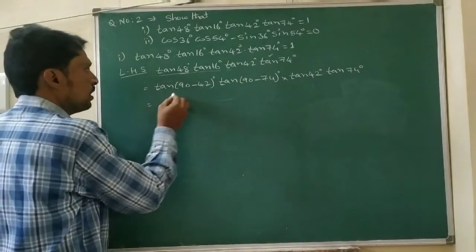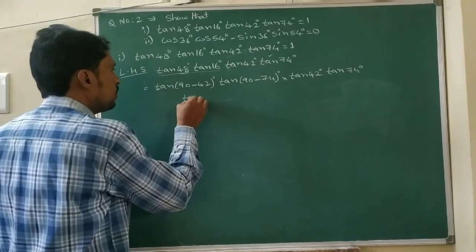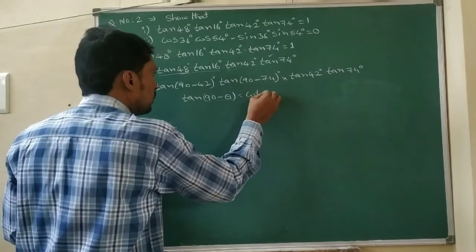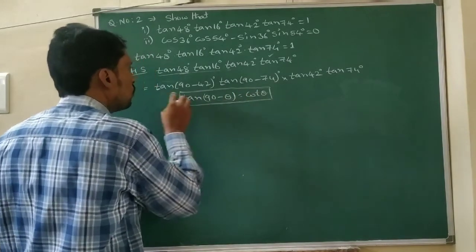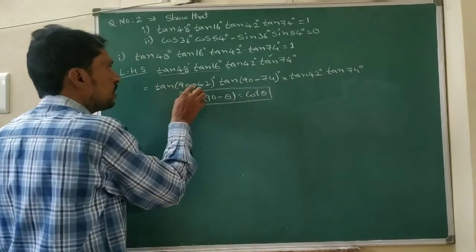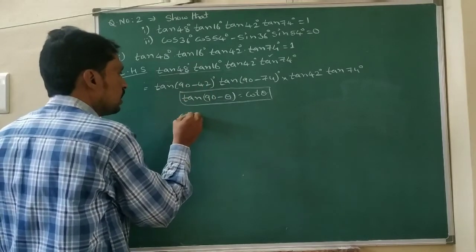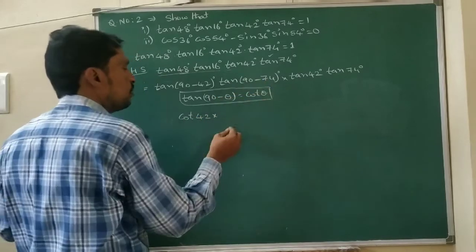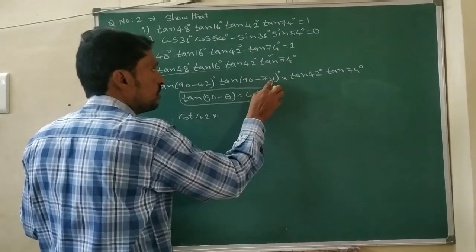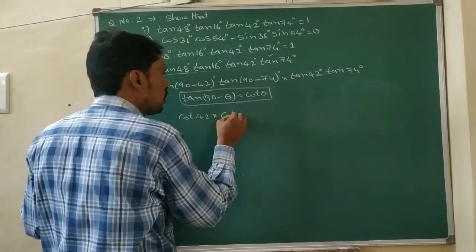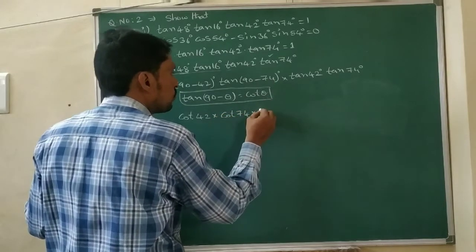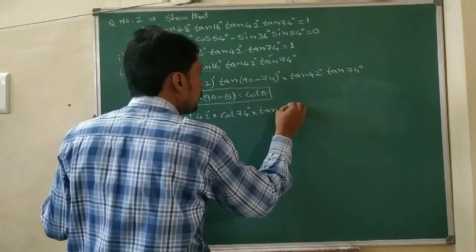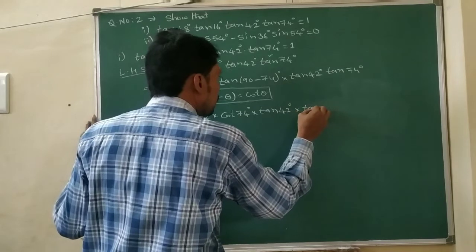Here we know the formula: tan 90 minus theta equal cot theta. So tan 90 minus 42 becomes cot 42, and tan 90 minus 74 becomes cot 74. So cot 42 into cot 74 into tan 42 degrees into tan 74 degrees.